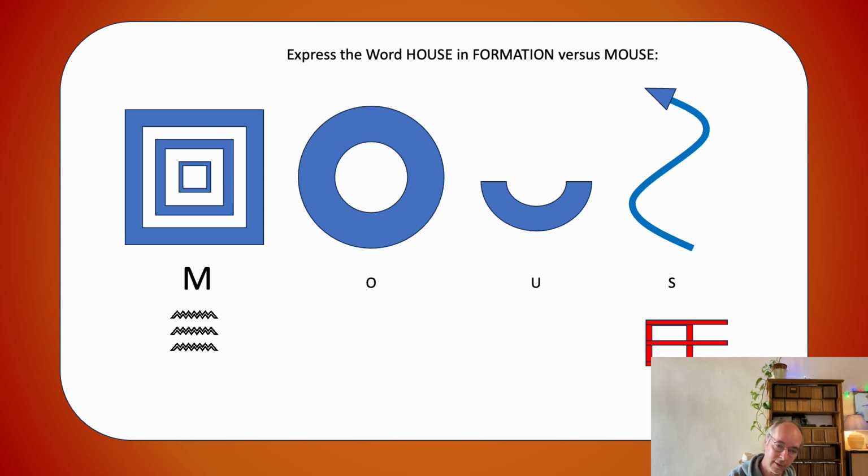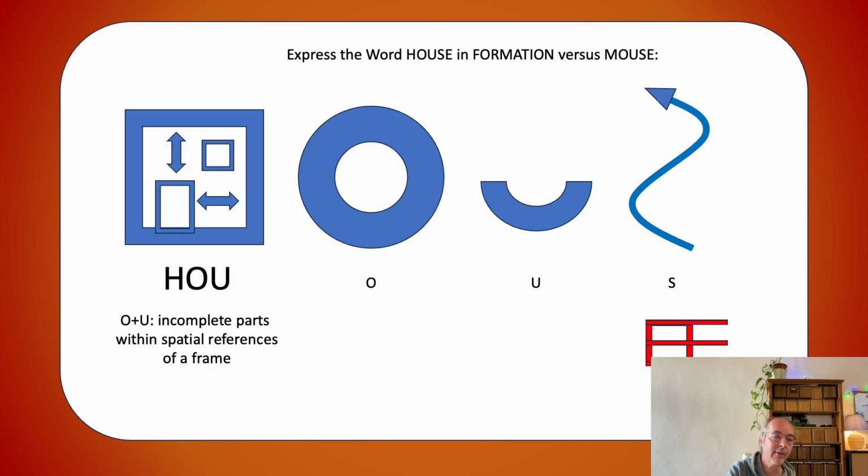But first compare it. If we look at the frame of the square, and we take the incomplete environment and have the association within it, like with the H, we will take out separate frames within the square, and we already have the beginning of house. As you can see, you have the incomplete parts within the spatial references of the frame.